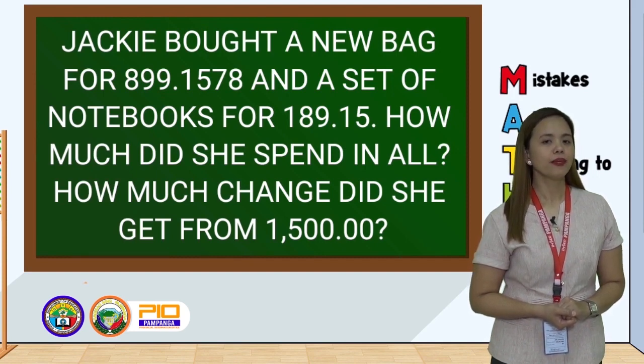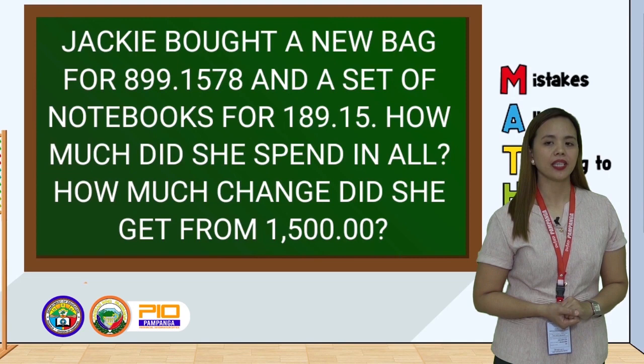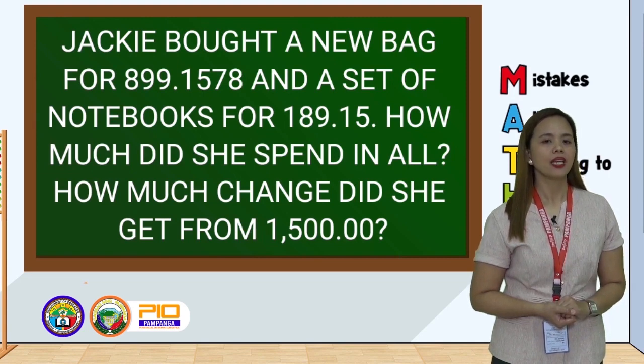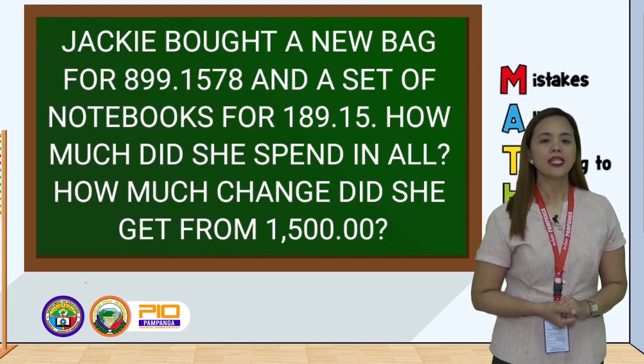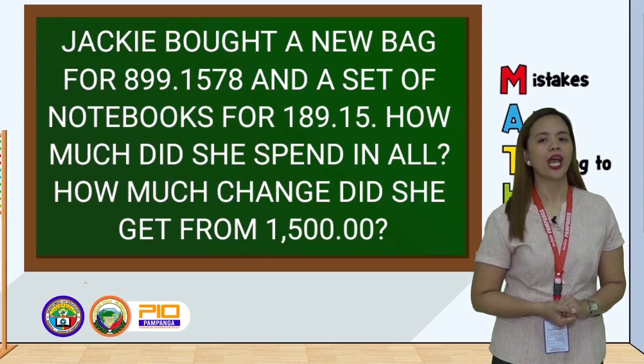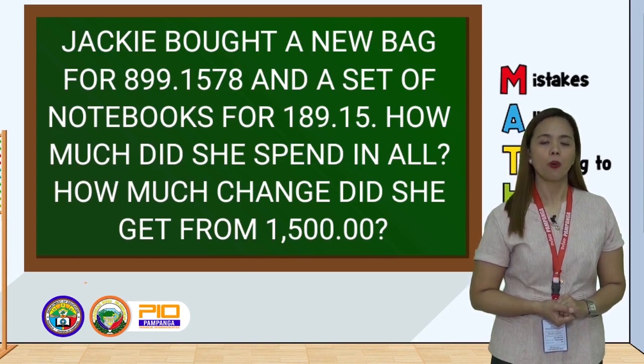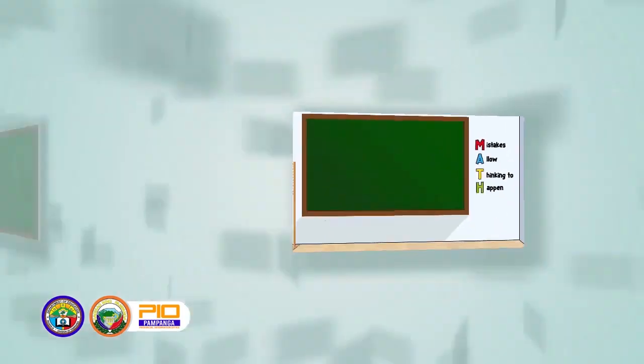For you to solve the problem, you must have the skills on how to add and subtract decimals and mixed decimals with or without regrouping. The following steps will help you on how to solve the problem, so watch and learn.